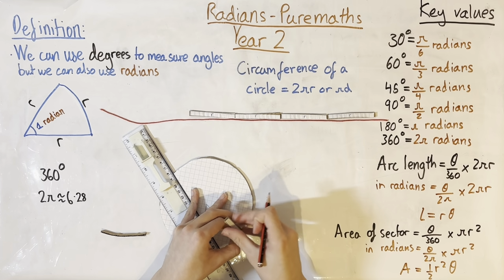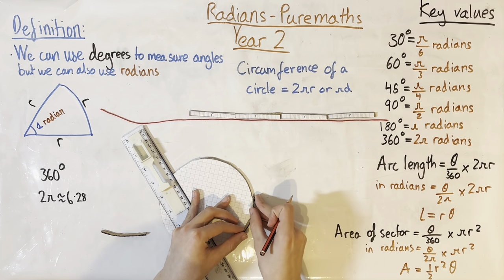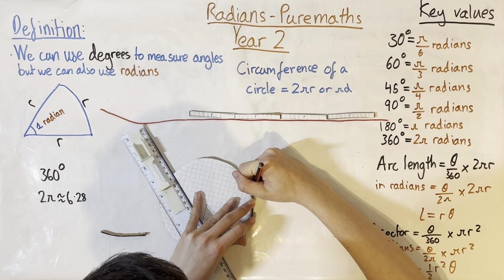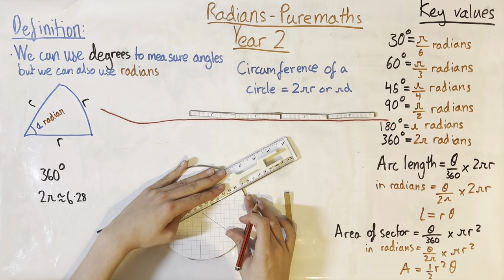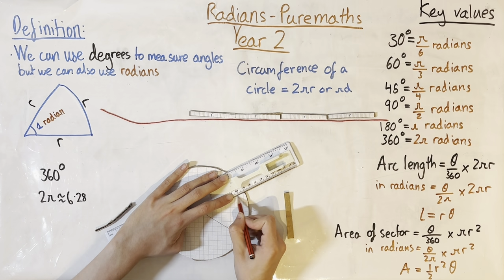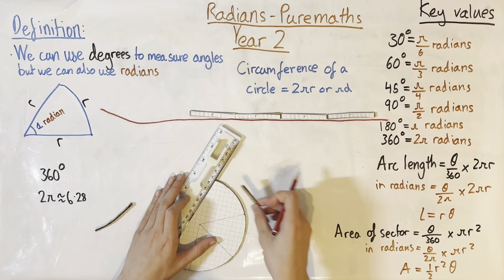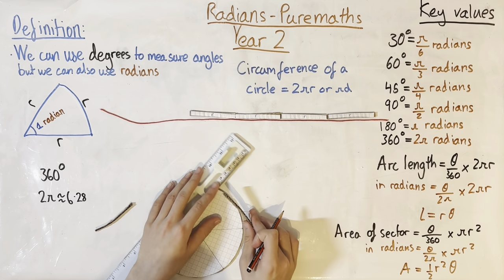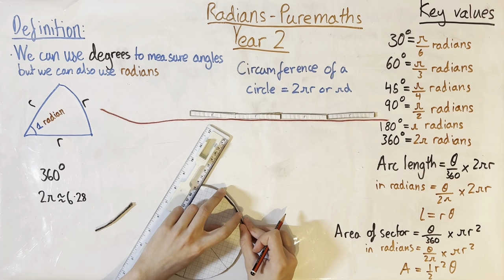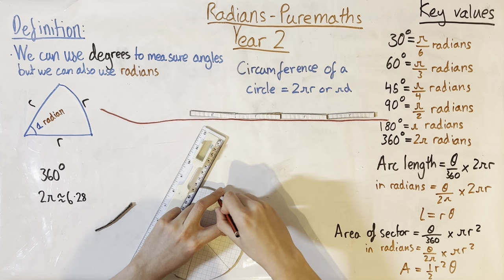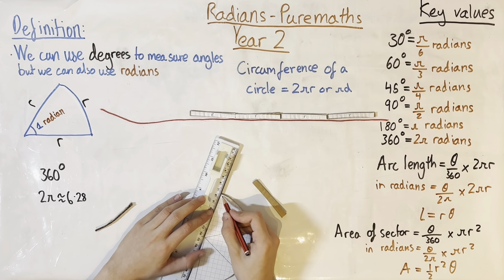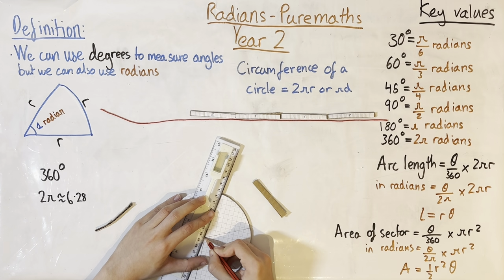You curve this radius around the circle, we draw a point here, and we draw another radius. This is all going to make sense in a minute. We draw another radius, we get the point here.